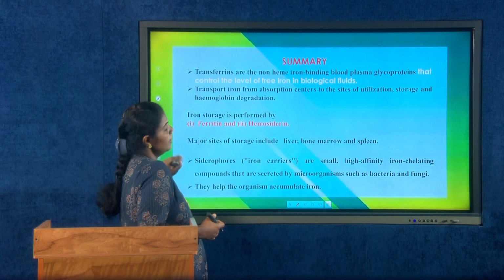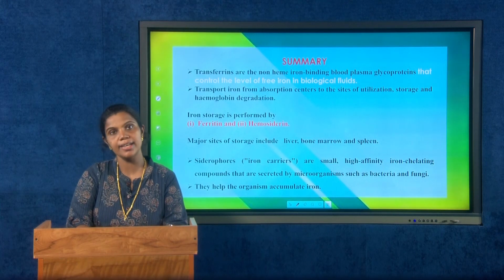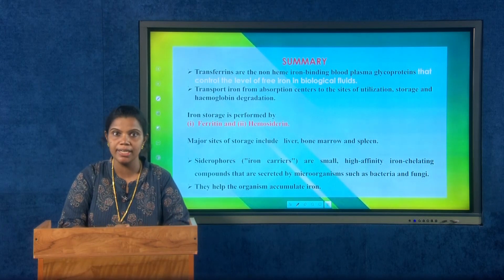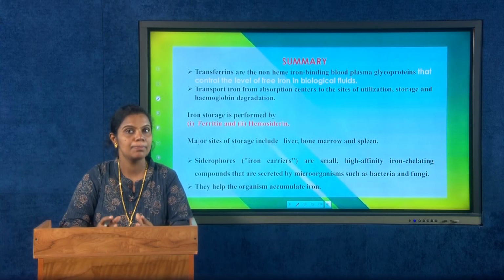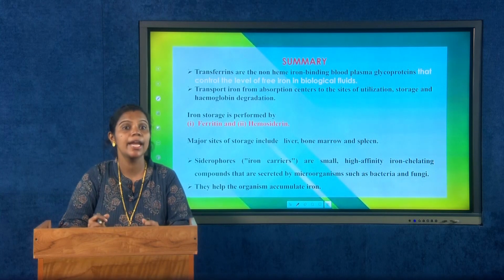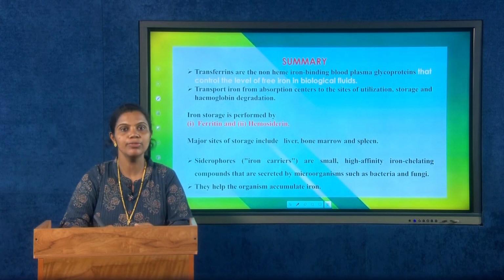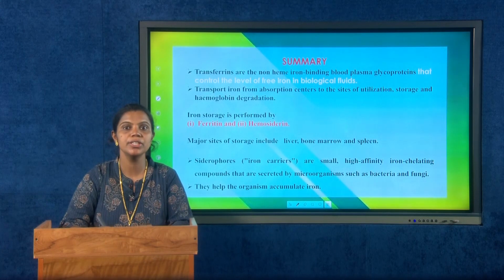Moving on to the summary, we have learned about iron transport proteins and iron storage proteins. The iron transport proteins are the transferrins. These are non-heme iron binding blood plasma glycoproteins that are capable of controlling the level of free iron in biological fluids. They transport iron from the absorption centers to the sites of utilization.